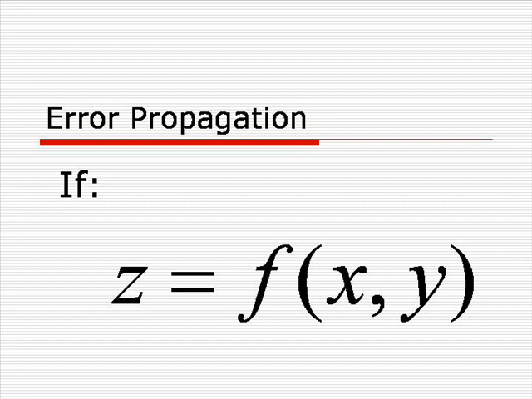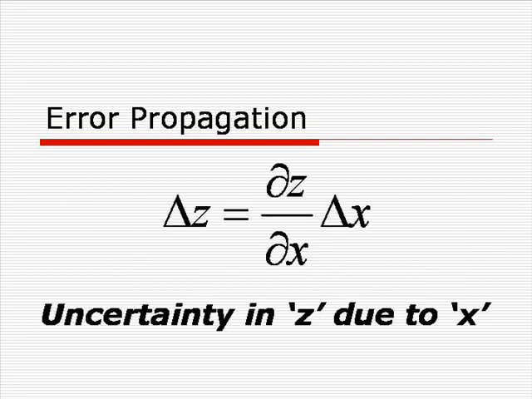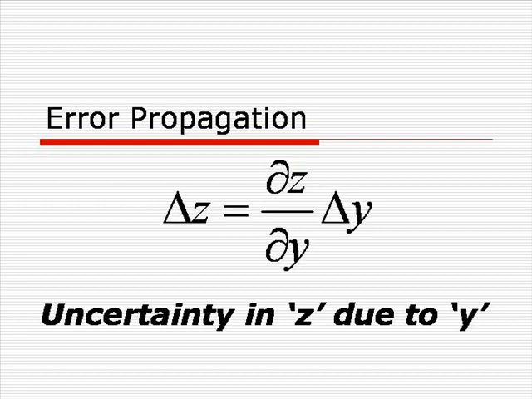If z is a function of x and y, then the uncertainty in z due to delta x is the derivative of z with respect to x times delta x. In the same way, the uncertainty in z due to delta y is dz dy times delta y.